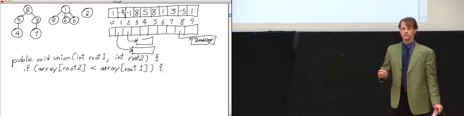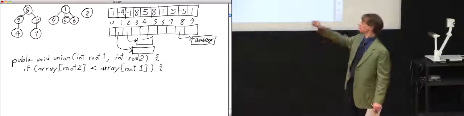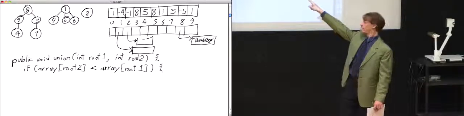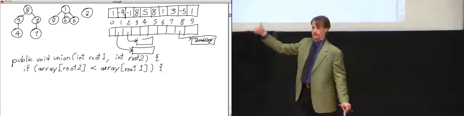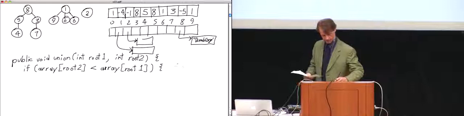I need to remind you that we are storing the sizes of the trees as negative numbers. So if array root 2 is less than array root 1, that means that root 2 has a bigger tree, because it's a negative number, than root 1. So if this if statement is true, that means root 2 has the larger tree.